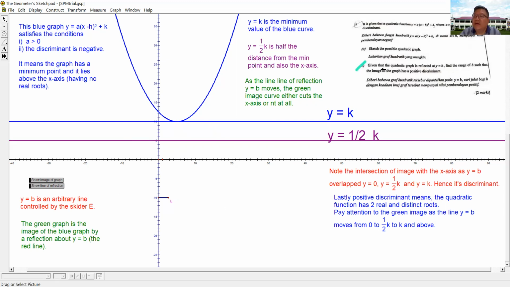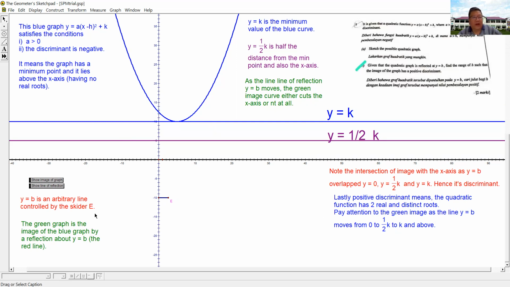The question is, find the range of b such that the image of the graph has a positive discriminant. Positive discriminant means the quadratic function has two real and distinct roots. Now please pay attention to the green image as I move the line of reflection from y equals 0 to y equals half k, then to k.